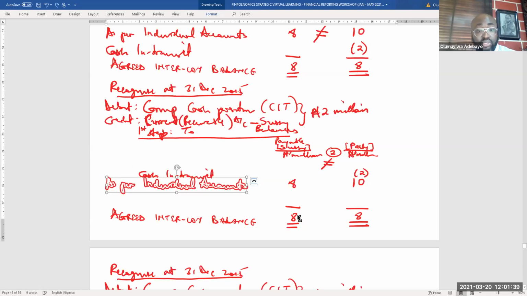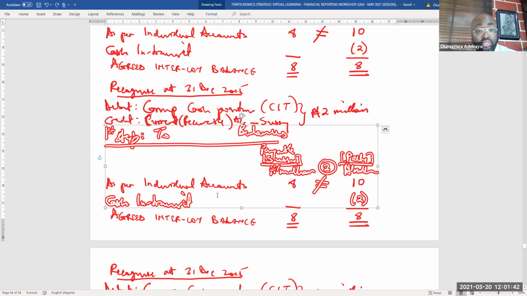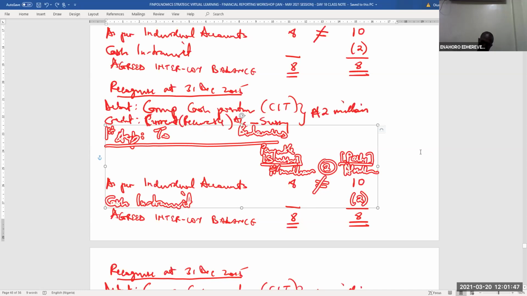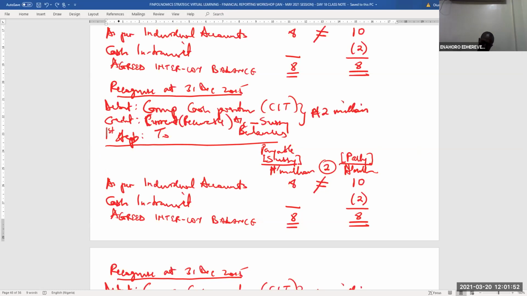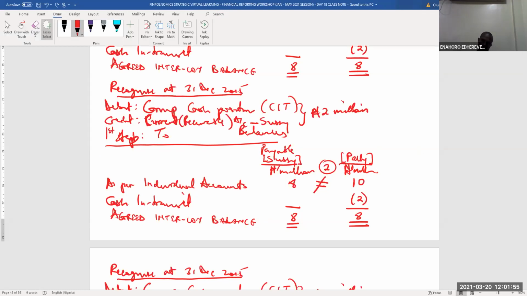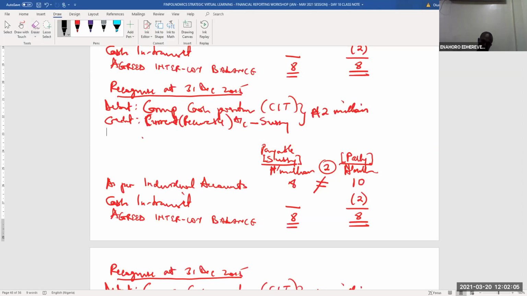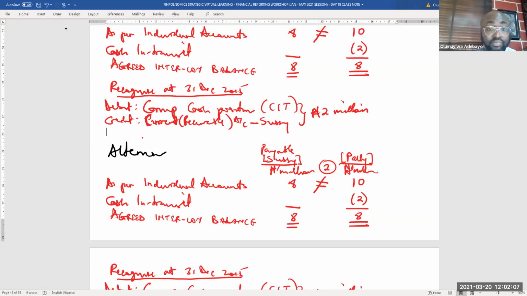Let me leave it the way it is. Alternatively, I can equally pass the adjustments against payable rather than receivable. How do I do that?